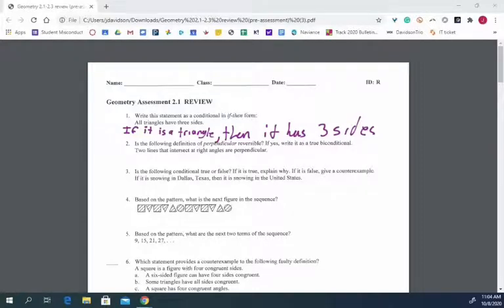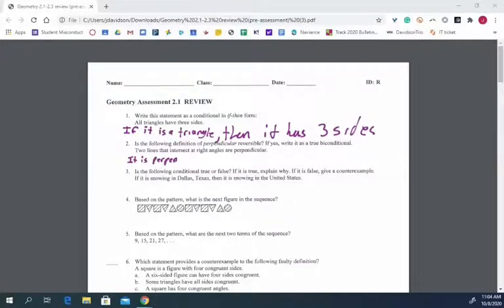So let's see. Biconditional means that you're using the phrase "if and only if." So don't start with "if." Just start with "it is," and I would change the sentence structure around.